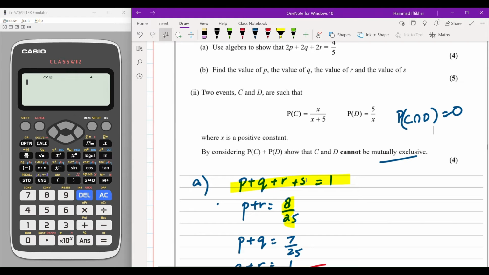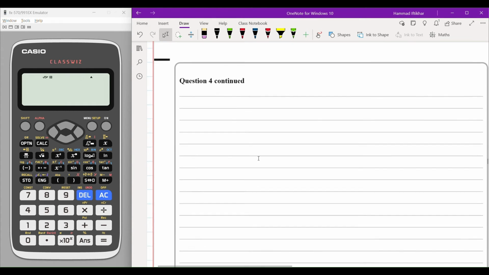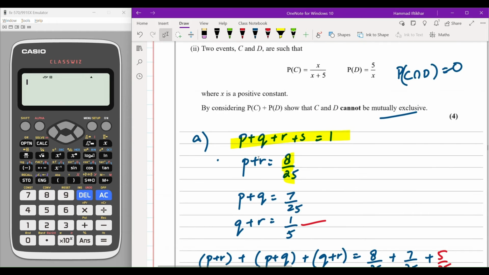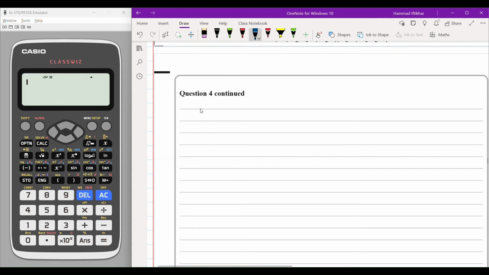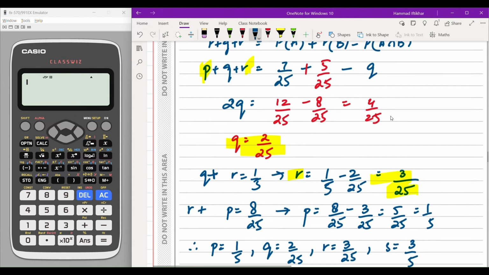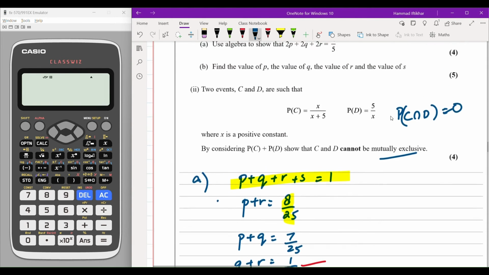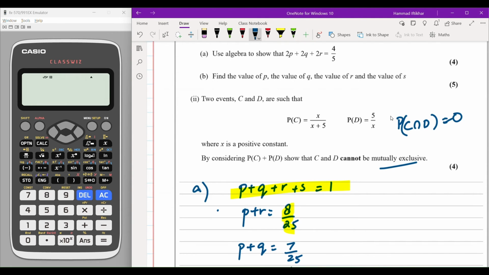Okay, so let's see. So what's this part? Second part. So probability of C is x/(x+5), and probability of D is 5/x.